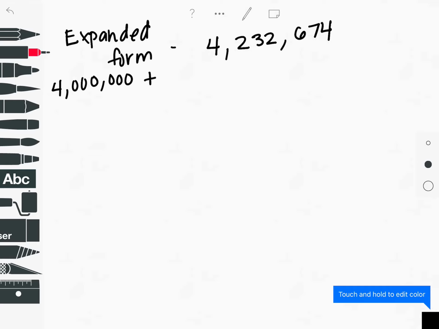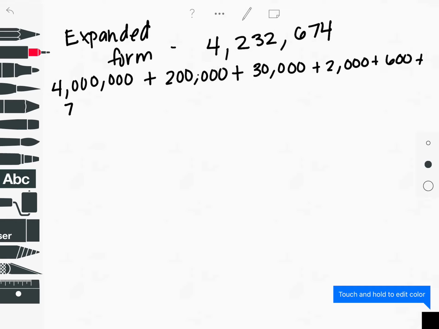And I'm going to add 200,000 to this number. And then we're going to add 30,000 plus 2,000 plus 600 plus 70 plus 4. If I were to add all these numbers together, I know that my answer would have been 4,232,674.